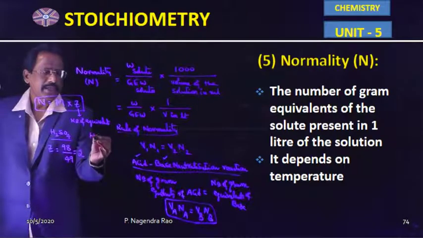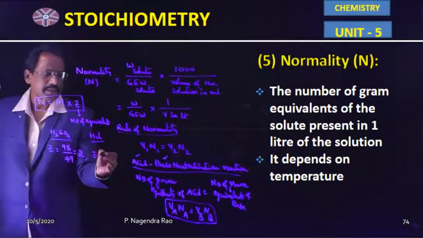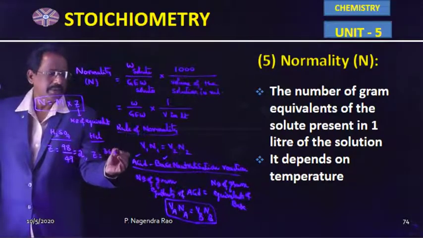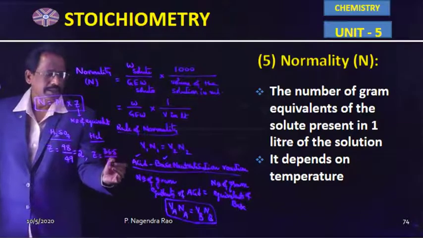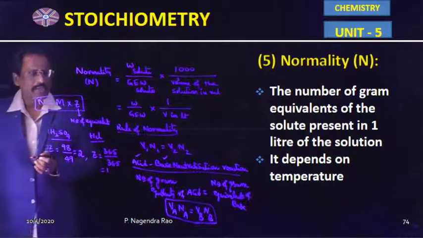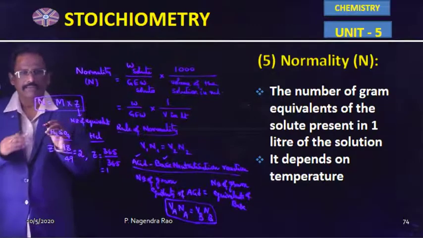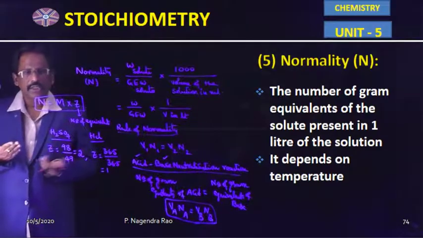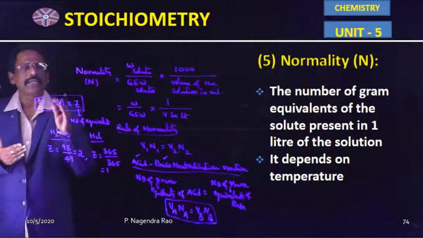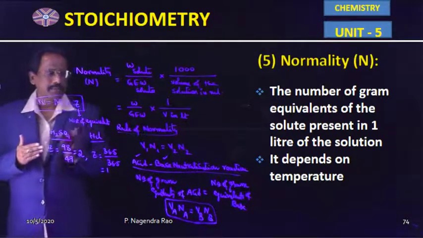Similarly, for HCl, molecular weight is 36.5 and equivalent weight is also 36.5. So for HCl, the value of Z is equal to 1. Similarly, in the case of basic solution also, it is possible to calculate the value of Z. So that Z value into molarity of the solution is equal to normality of the solution.